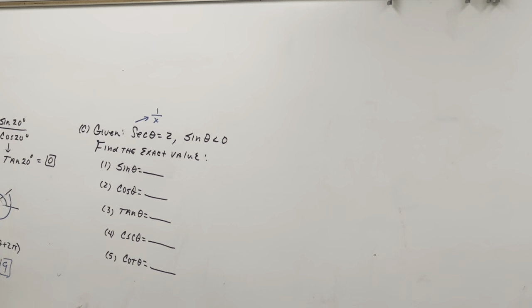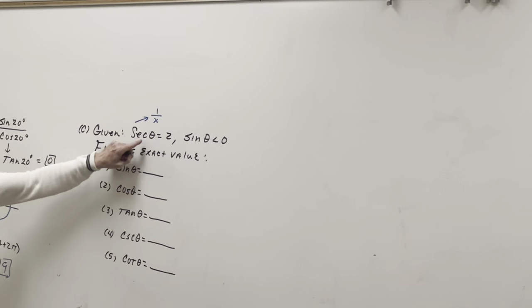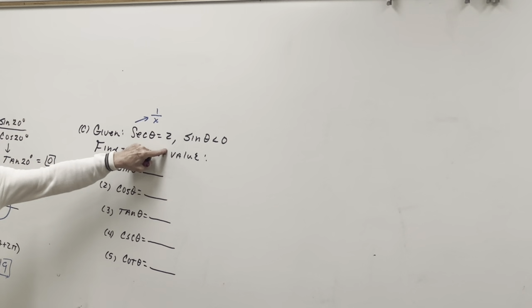Okay. And they are trying to tell me where my angle is located, because I need the quadrant. But they did not come right out and say you're in quadrant 2, you're in quadrant 3, you're in quadrant 1. They're trying to tell me though in that given where I am, because that's gonna play a part. Guys, they're saying secant is 1 over x, and it's a positive 2.